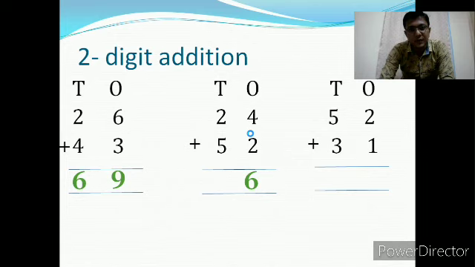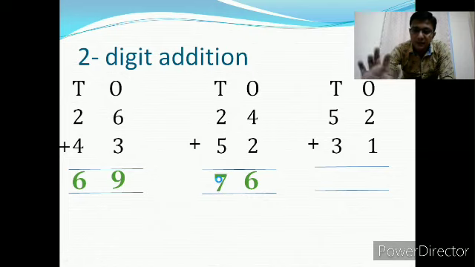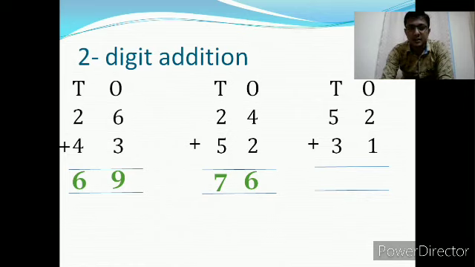So 4 plus 2 is going to be 6. Next, 2 plus 5. How much? Already you have 2. Think of it as money. You have 2 rupees in your pocket and you got 5 rupees extra. What will it be? 2 plus 5, 7. So that is the result. This is called the total.